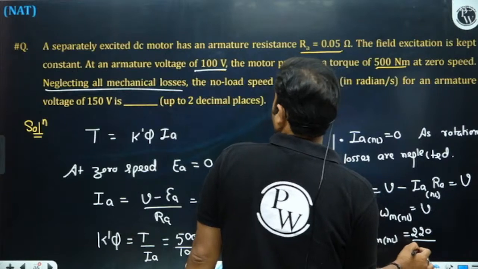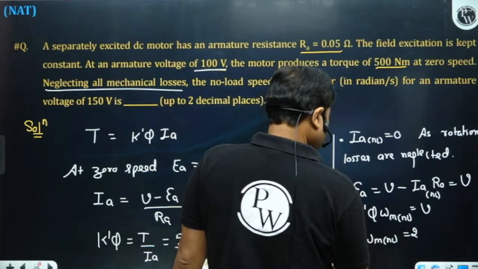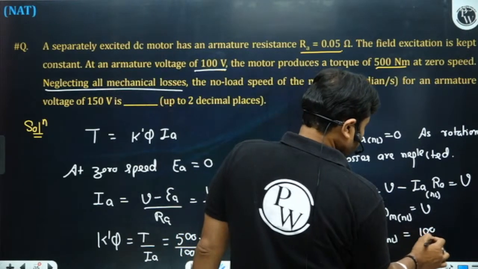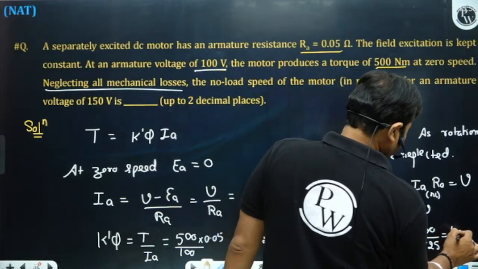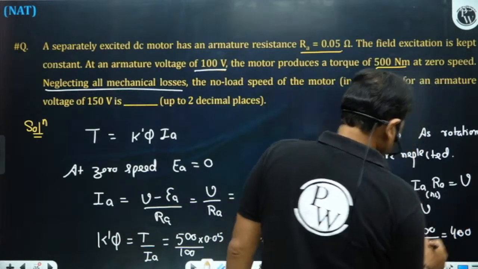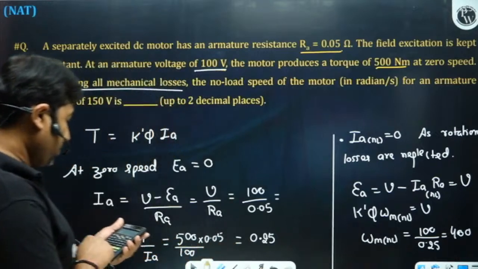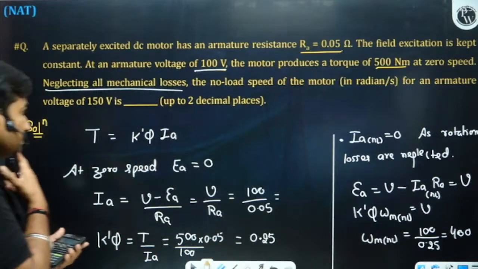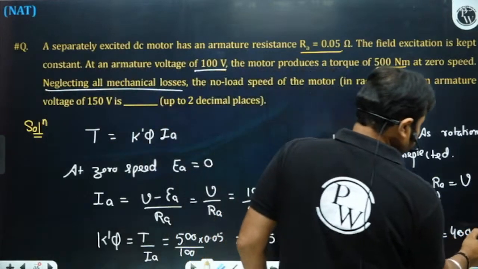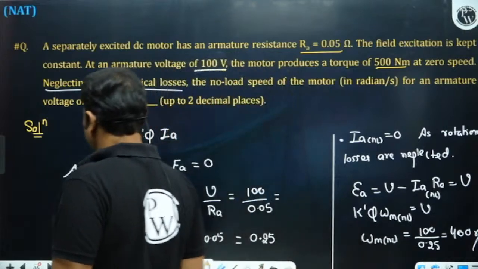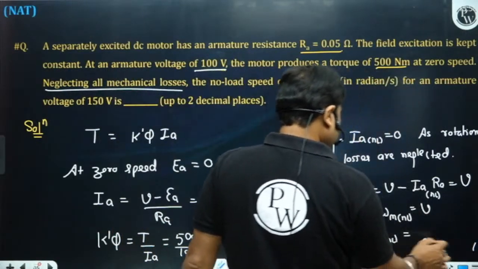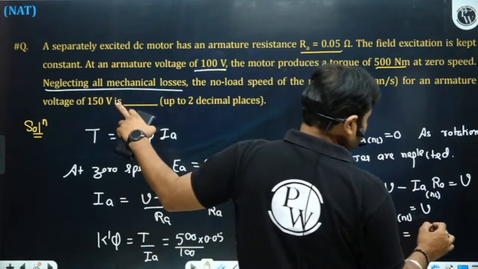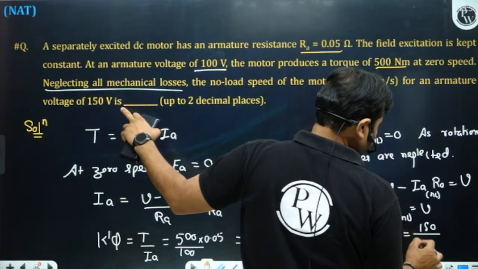Omega m under no load condition will become 100 by 0.25, which is 400 radian per second. How many of you are, oh great, it is not 100, the voltage is being changed to 150 volt.